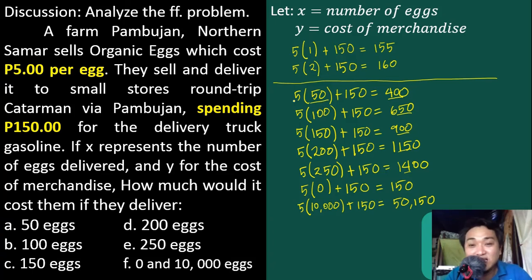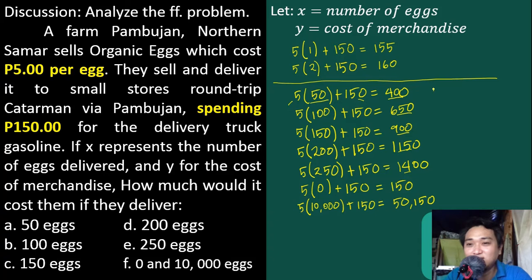Now, meron tayo dito mga constant, di po ba? May constant tayong 5, tas may constant tayong 150. Lagi-lagi natin siyang sinusulat. Ang nagbabago lang dyan, yung independent variable na 50, 100, 150 kasi ikaw nagdidikta niyan. And then, kasabay nun, nagbabago yung dependent variable, etong cost of merchandise which is 400, 650, 900. And alam nyo ba, pwede natin yang ilagay into a mathematical expression.